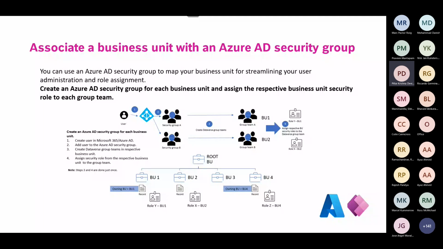Tomorrow, there is a new set of people joining the sales team. It should not be that I navigate to the profile of each person and allocate the security role every time. So here, I want an enhancement where, when a person joins a particular business group, the access of that business group automatically follows to the new members who are added. And when I'm removed from that business group, the access that I was holding should be removed. These kinds of settings are governed with this association of a business unit with an Azure AD security group.